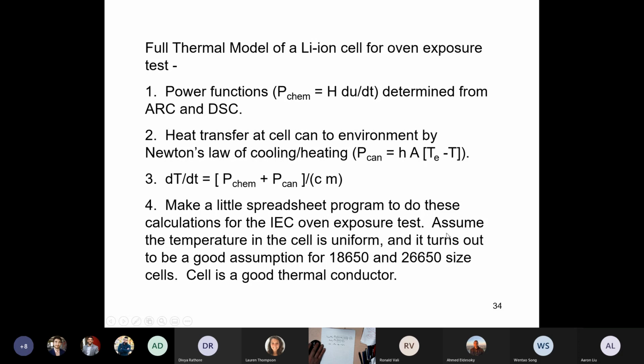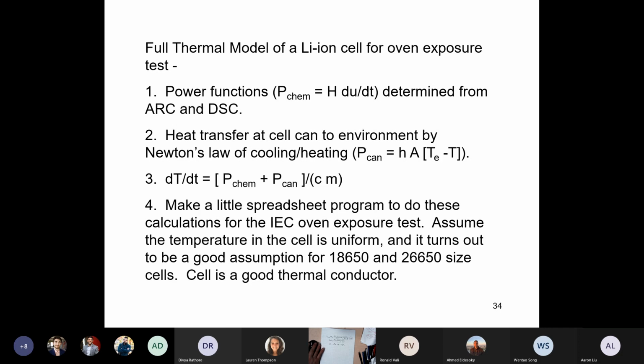And you assume that the temperature in the cell is uniform. And it turns out that this is a pretty good assumption for 18650 and 2650 size cells. And the reason is that the cells are filled with really fantastic high thermal conductivity materials.